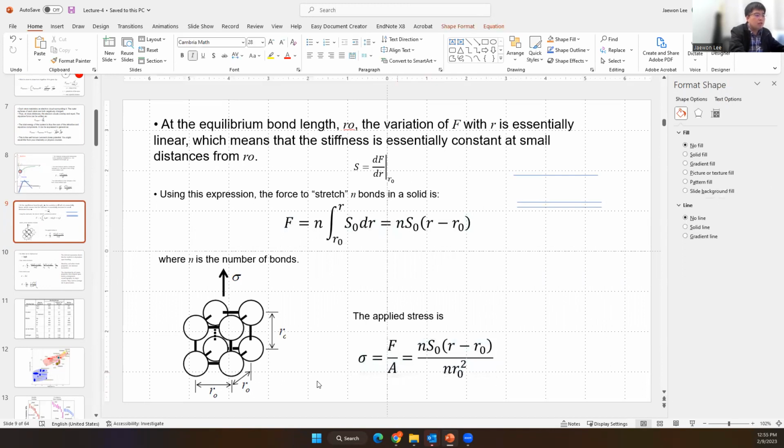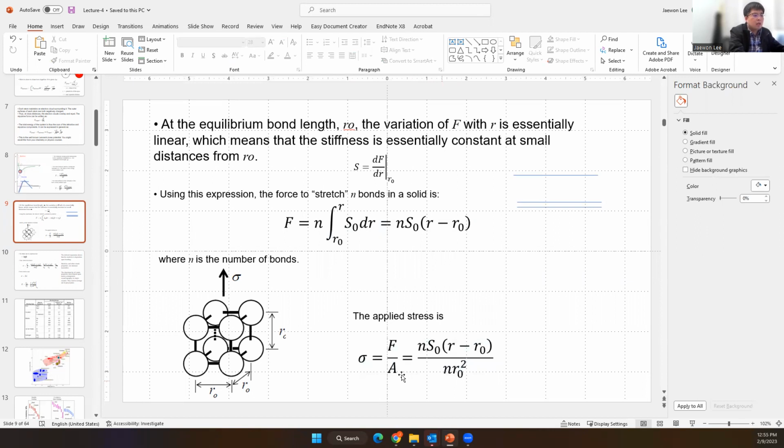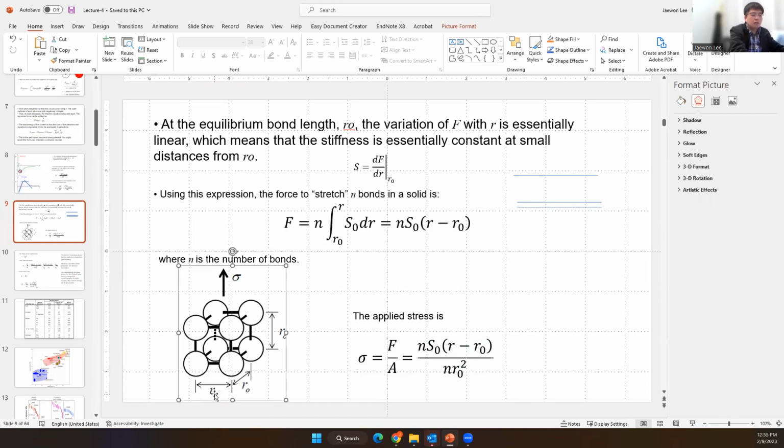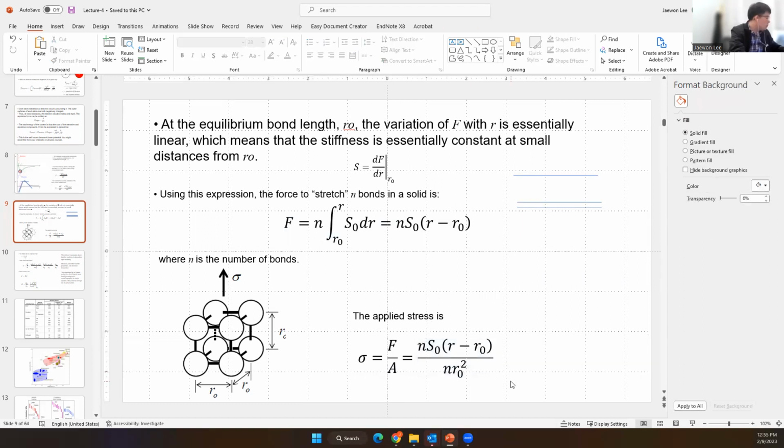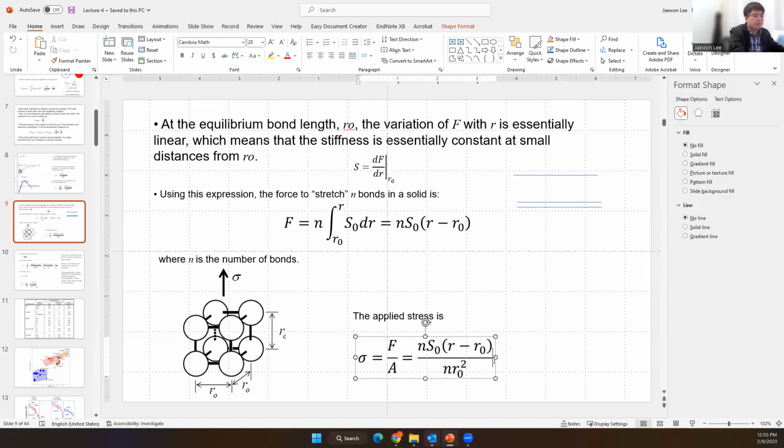To calculate the area, the interatomic distance between this one and this one is R0, so we can go to the R0 scale. Can you understand? And then if the number N is increased, we can calculate it, and we can plot these equations.